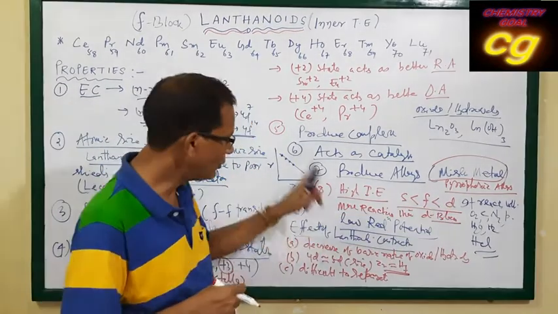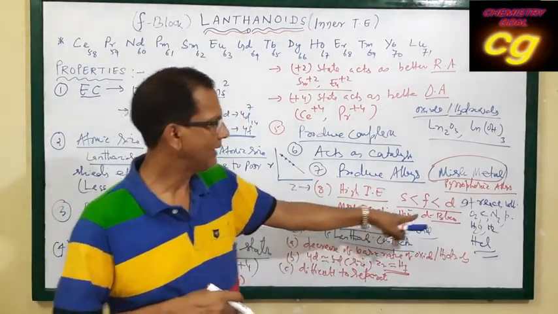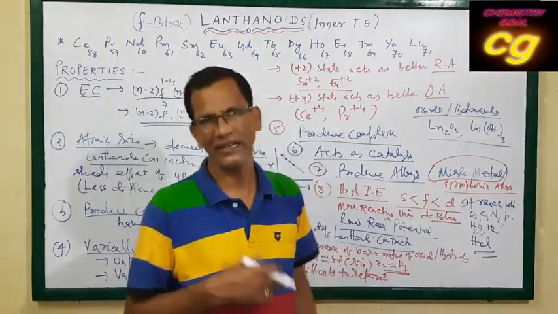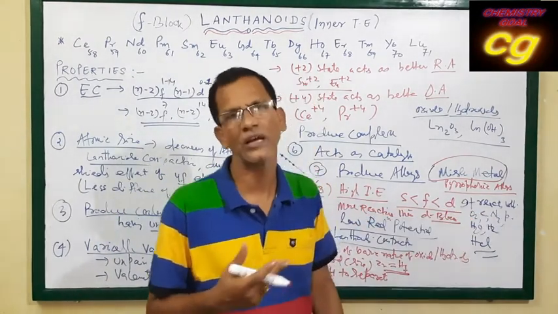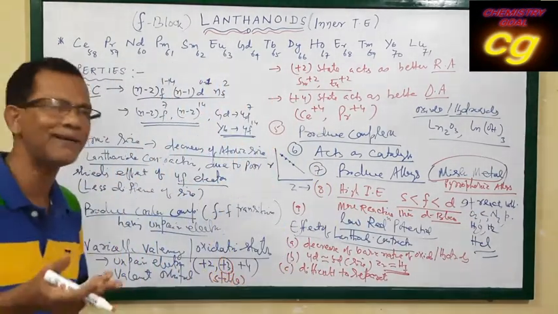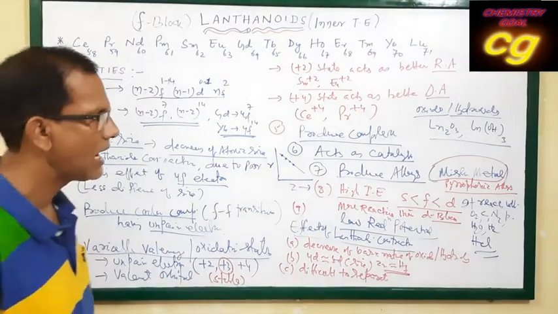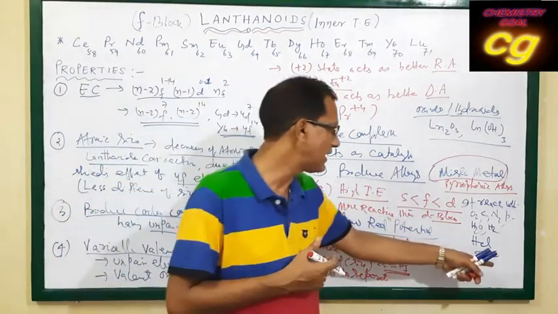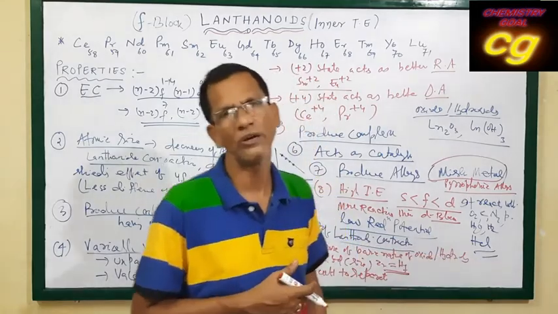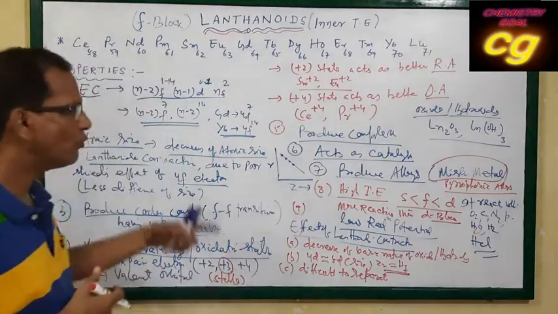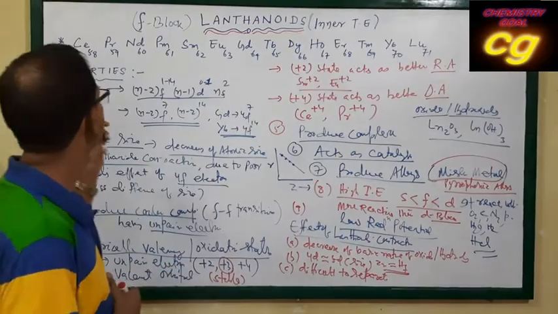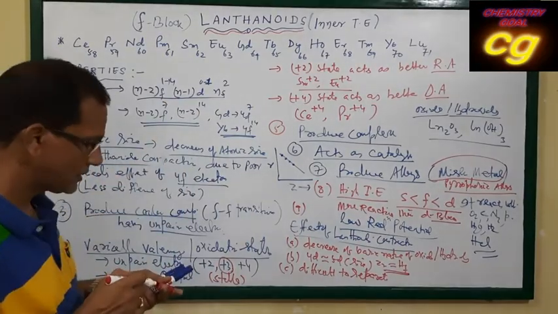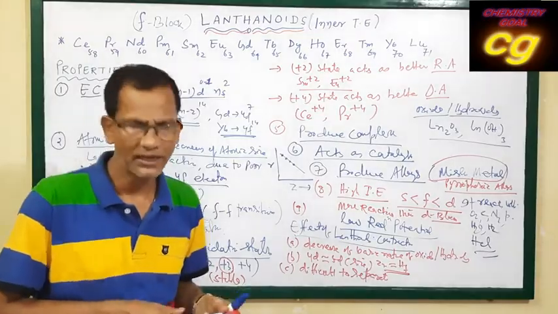And due to the low reduction potential, they react with acids, oxygen, carbon, nitrogen, phosphorus, hydrogen, producing carbides, nitrides, oxides, hydrides, and with water they produce hydrogen gas, with acid also hydrogen gas. So it is more reactive compared to transition elements. So these are the important properties of lanthanides. Okay, thank you.